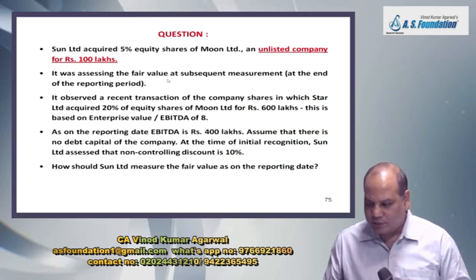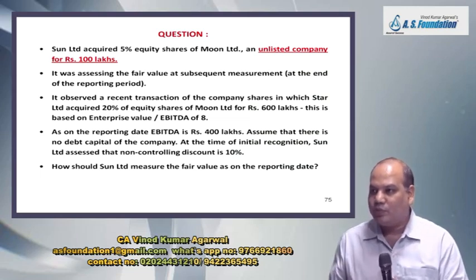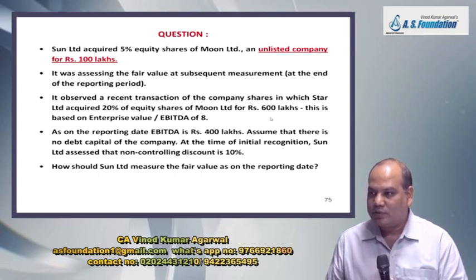It was assessing the fair value at subsequent measurement, that is at the end of the reporting period. It observed a recent transaction in which Star Limited acquired 20% of the equity share of Moon Limited for rupees 600 lakhs.